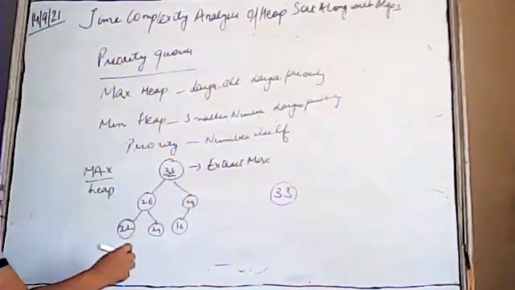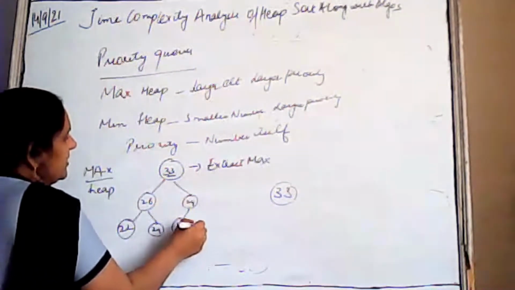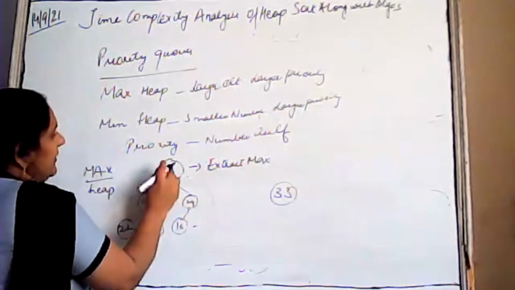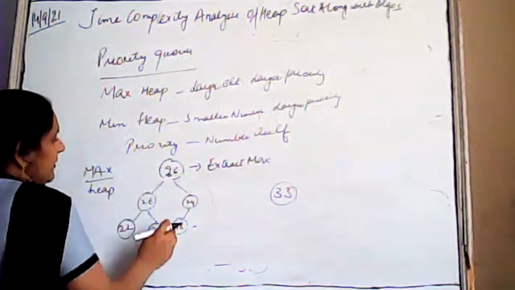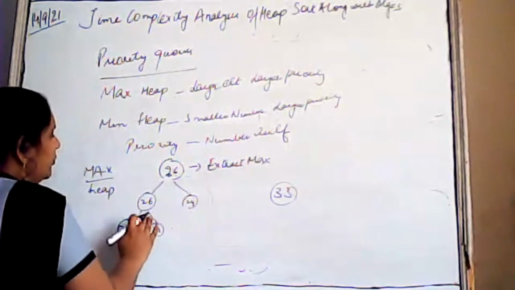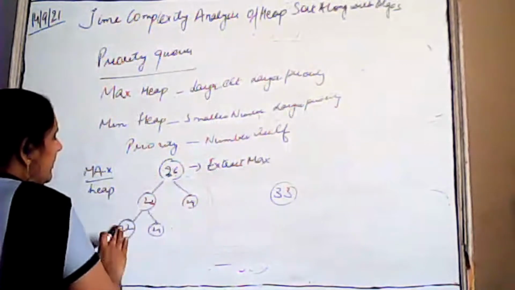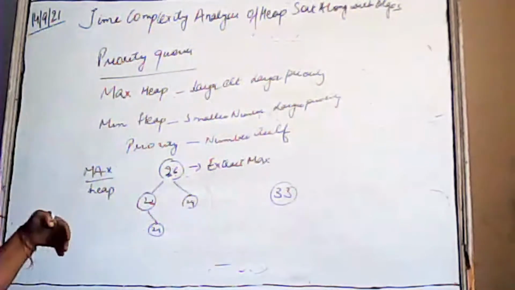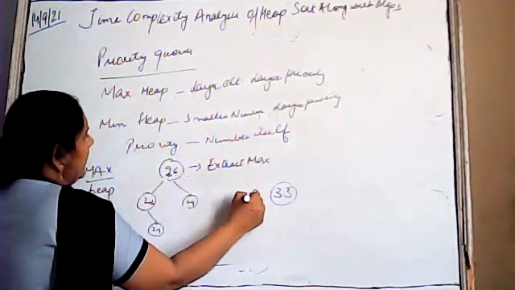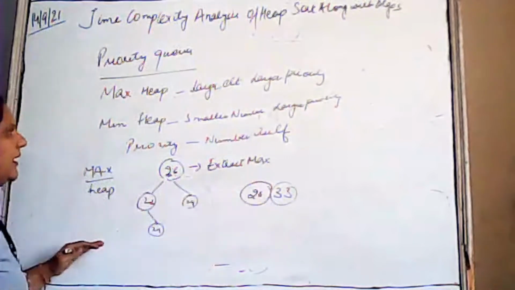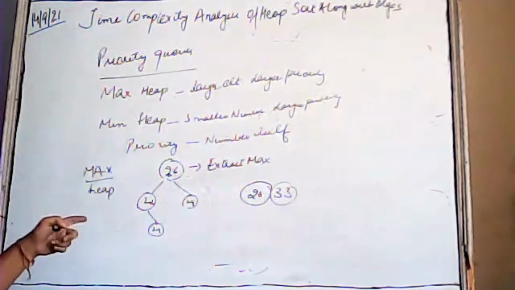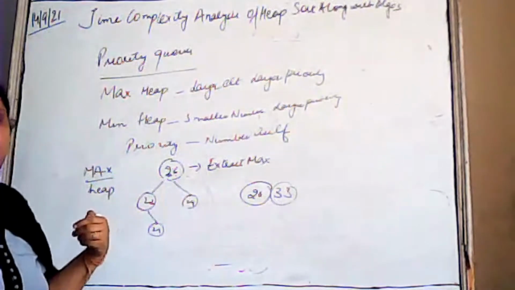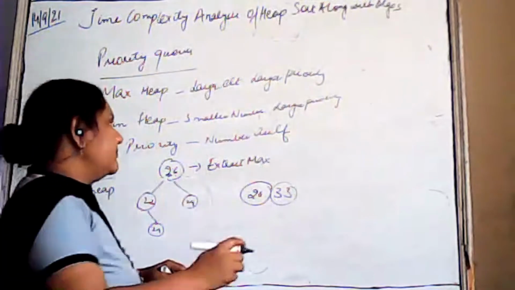Now if I keep it out, this 16 is going to swap here. Again heapify, and the root node will contain the 26 element. This is how the tree will remain after removing the 33. Again, I say extract max. So 26 has the highest priority, so it will come out. Similarly, max heap means larger number, larger priority. The number with the largest priority will come out first, right? And we can implement it.